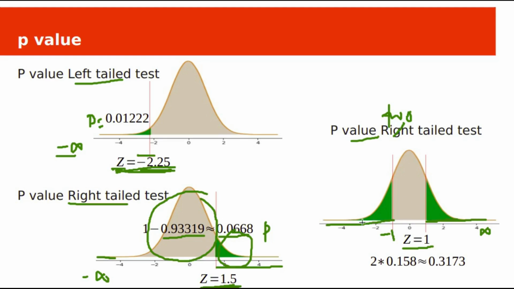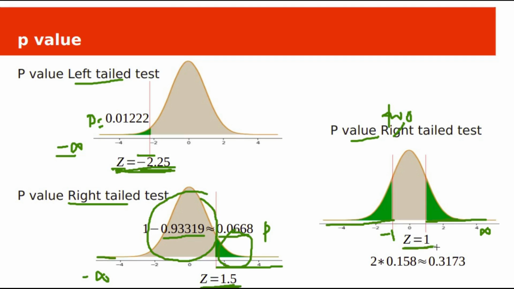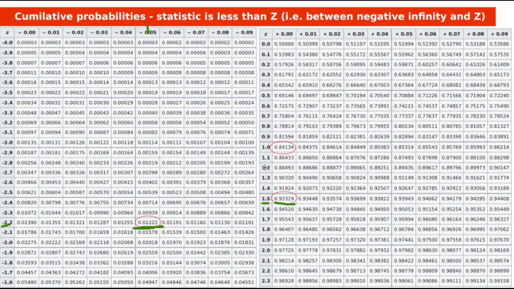So see the cumulative probability for minus 1. Actually these tables are big, so I have just given some portion of these tables. Here we don't have minus 1 value. Let's see this Z score plus 1. Here 1 is there, but it is the cumulative probability from minus infinity to this score 1.